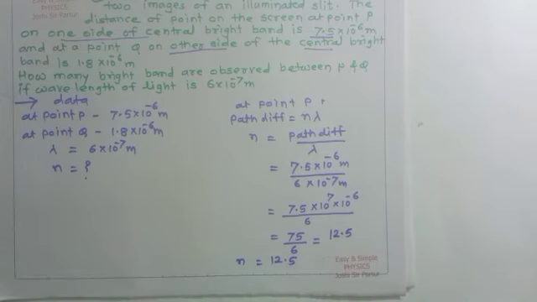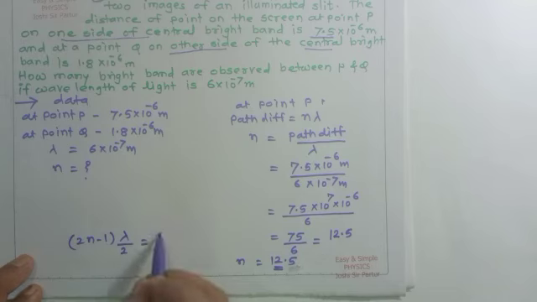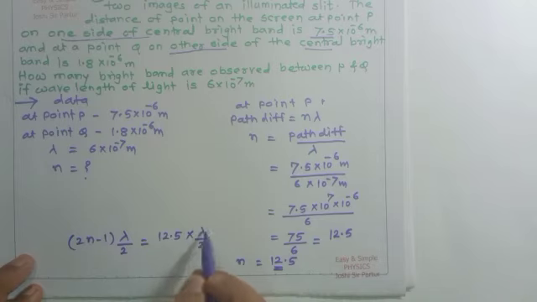So again, we know that for the dark band, (2n minus 1) lambda upon 2 will be 12.5 multiplied by lambda upon 2. What happened?